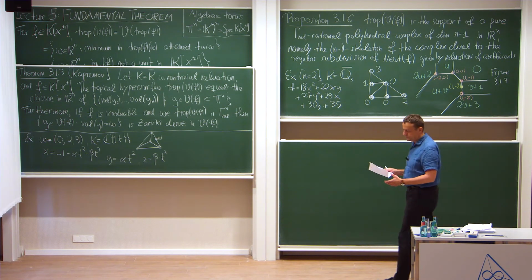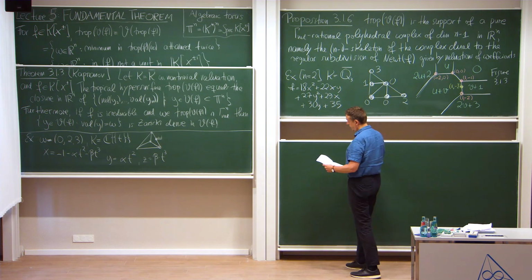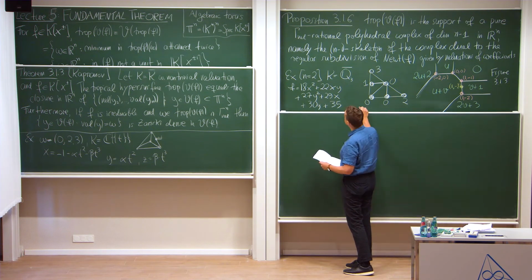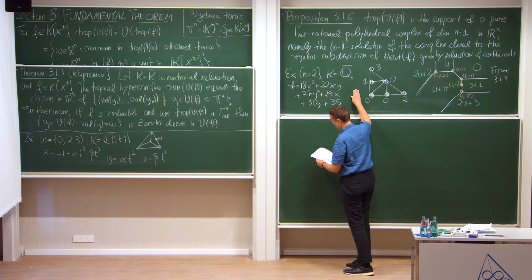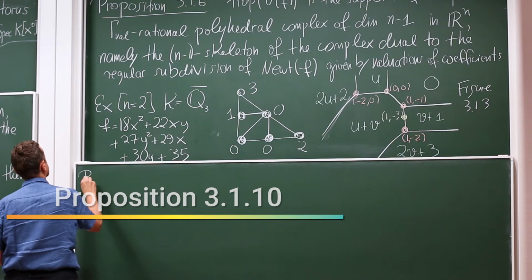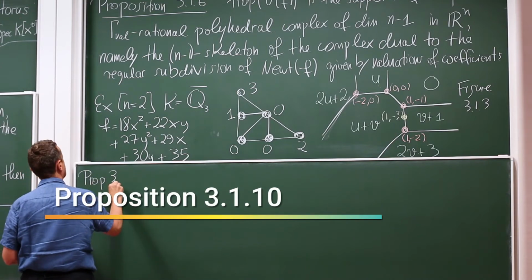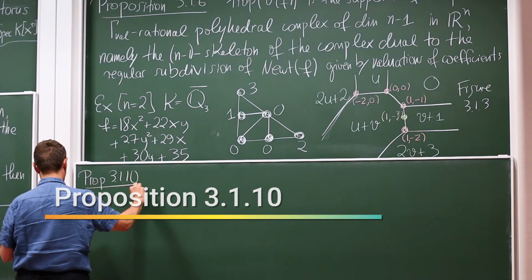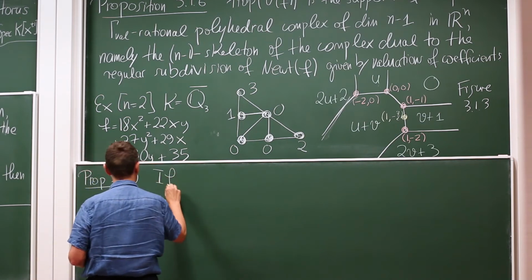We're now ready to move. Well, not quite, actually. I have a bit more to say about the combinatorics, and then we get to the fundamental theorem at the end. So proposition 3.1.10 is about the constant coefficient situation.